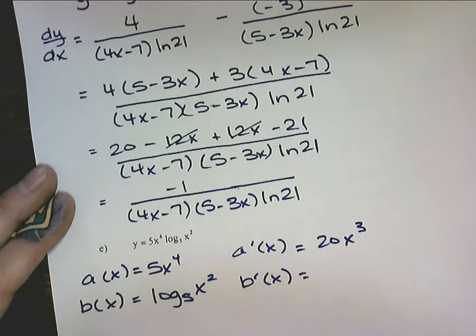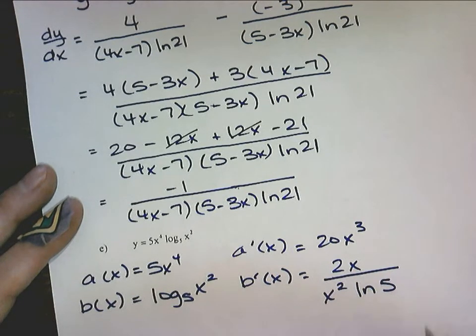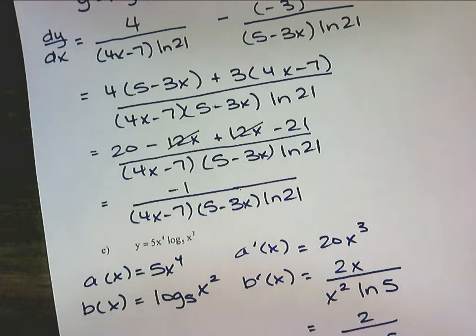The derivative of b of x, b prime, is the derivative of this, which is 2x, all over x squared ln 5. And I can simplify this to 2 over x ln 5.